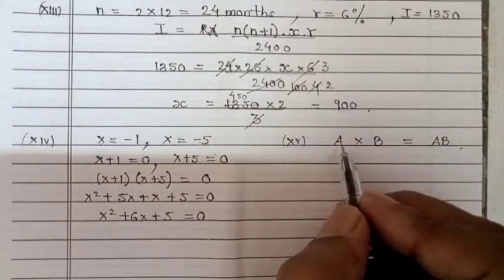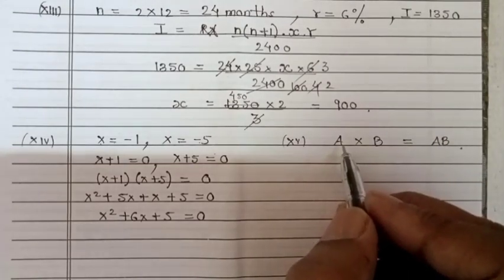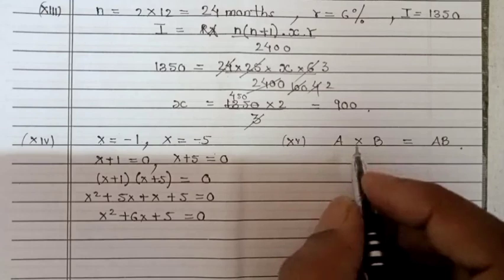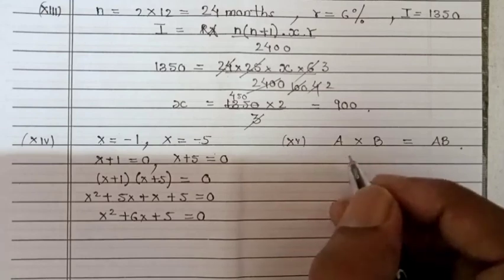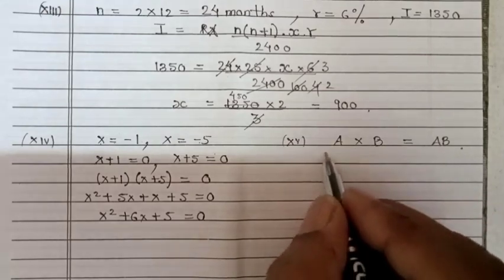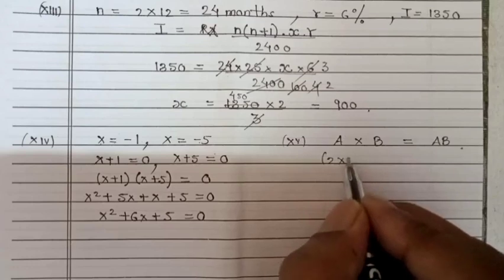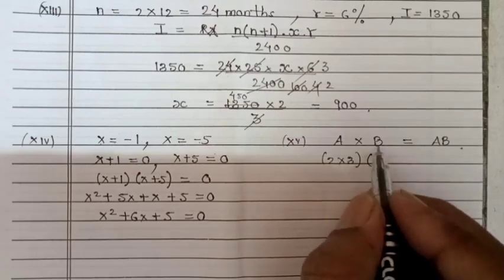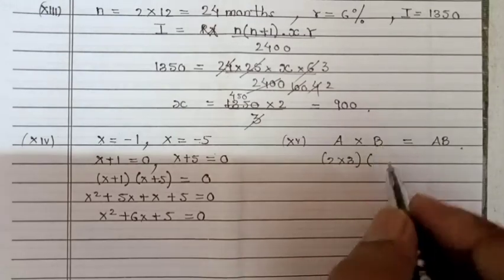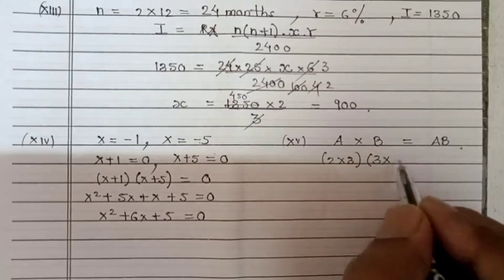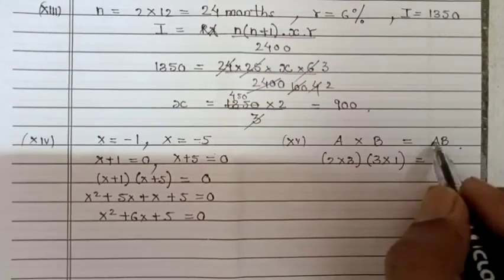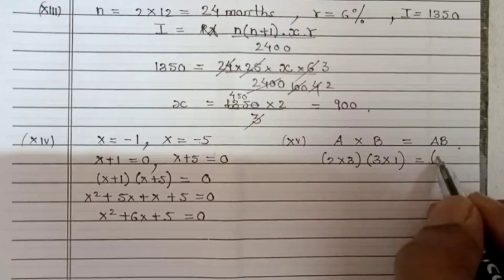For matrix A, the order given to you is 2 cross 3, into the order of matrix B, which is 3 cross 1, and you have to write the order of this product AB.